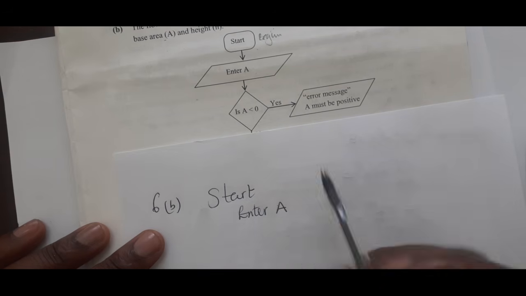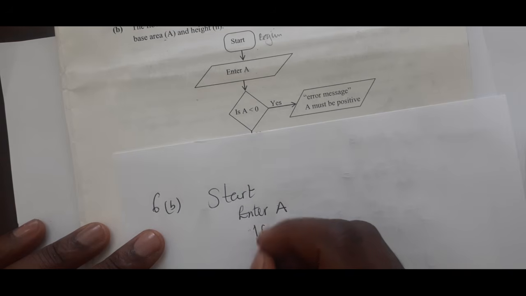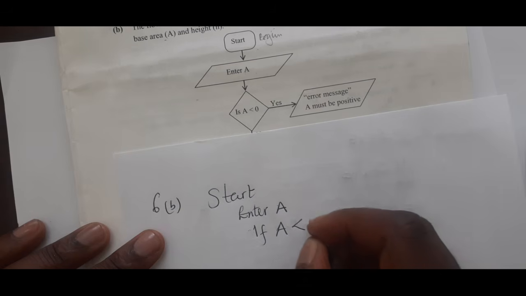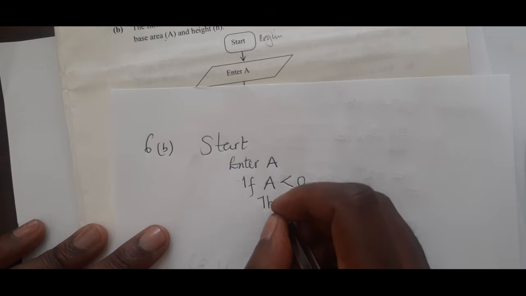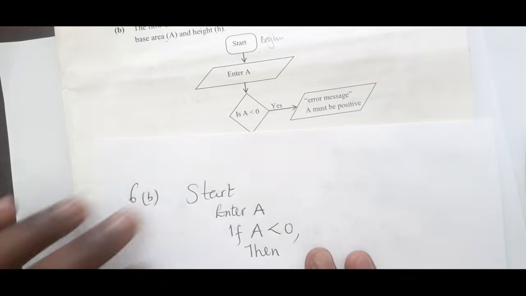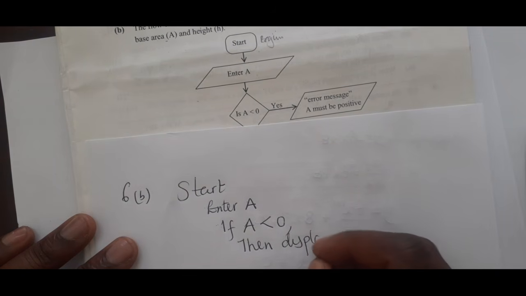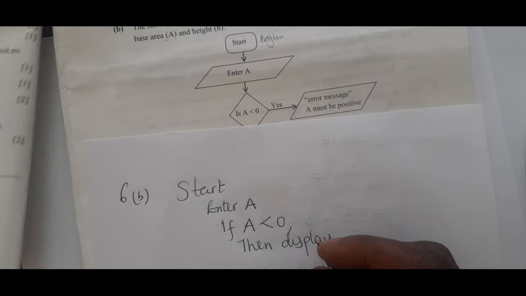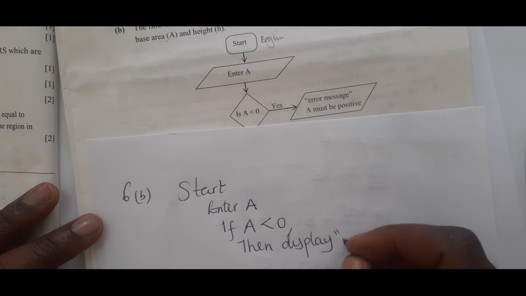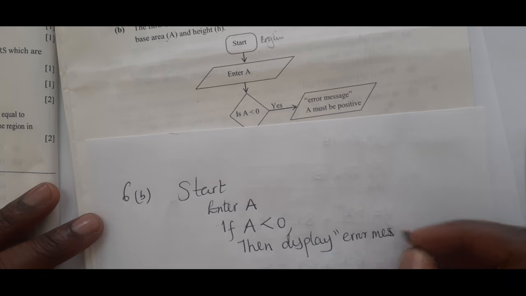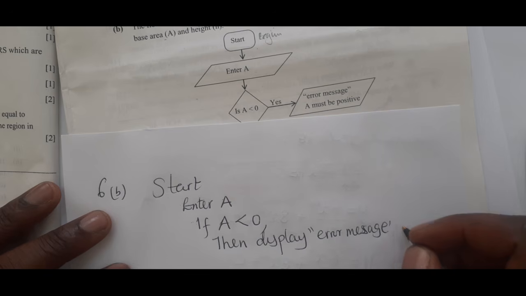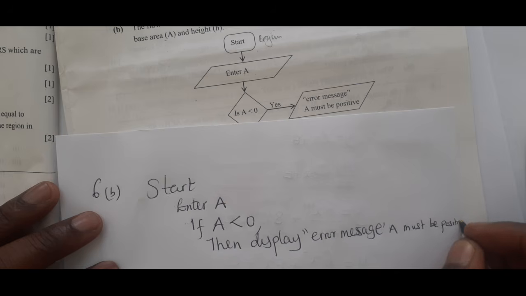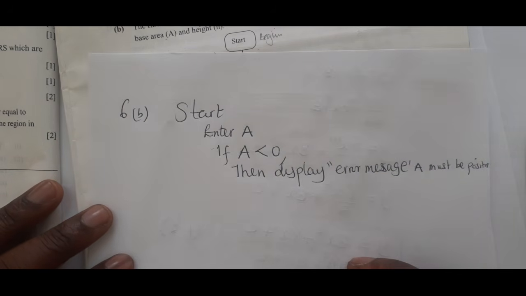If yes, we follow these instructions. So we say if area is less than 0, then display error message, A must be positive. That's what you're supposed to write there.